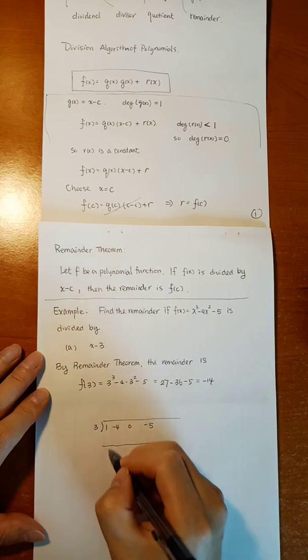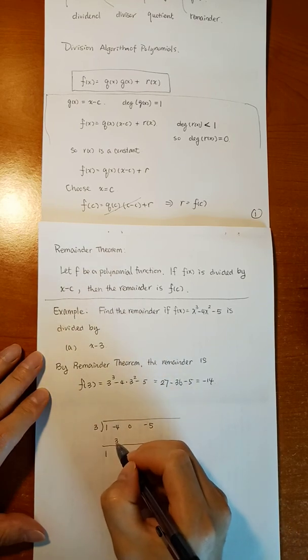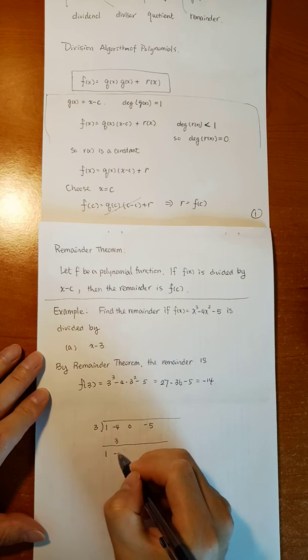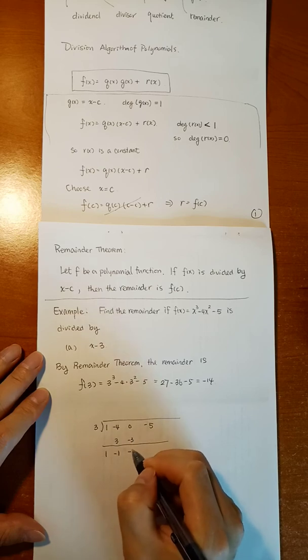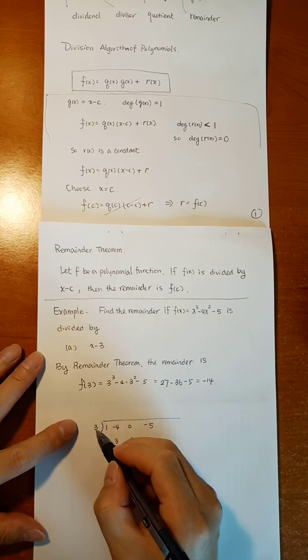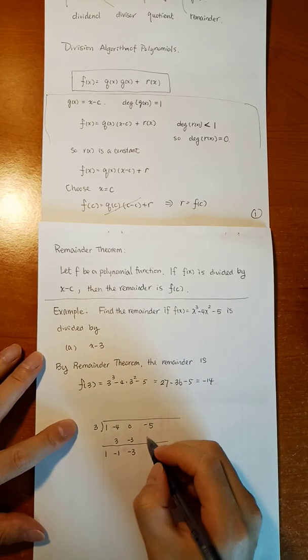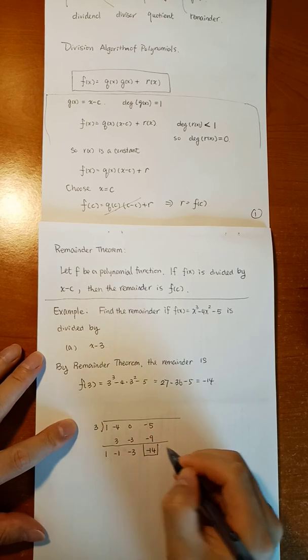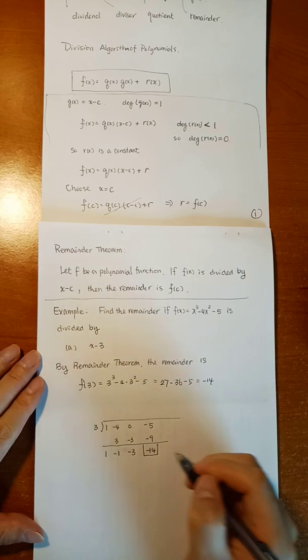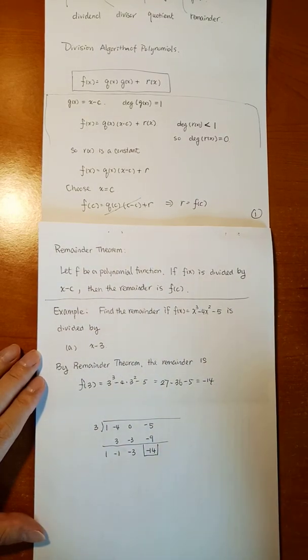You drop 1 here, 1 times 3 is 3. Negative 4 plus 3, negative 1. 3 times negative 1 is negative 3. Addition is negative 3. And 3 times negative 3 is negative 9. Addition, negative 14. See, this is the remainder.